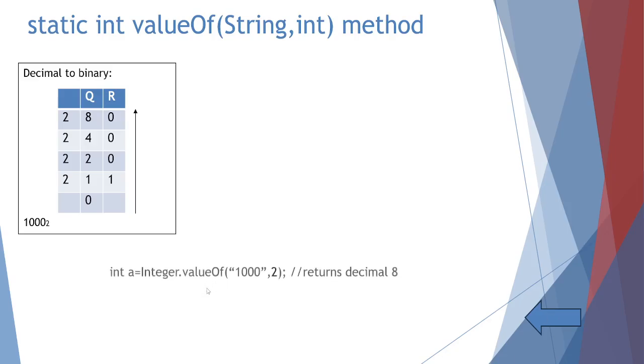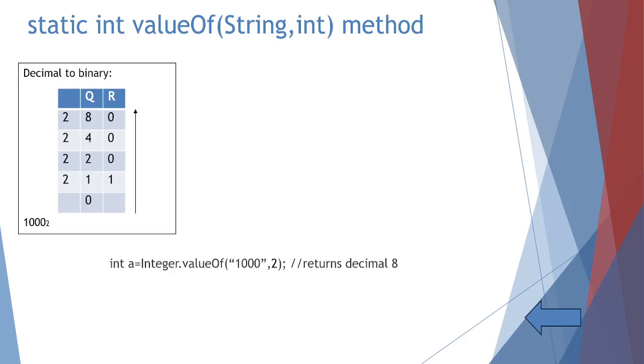So in our valueOf method, if we pass 1000 as the first parameter, that is a string, which is not decimal. Why? Because we are passing 2 as the second parameter. That means the number passed as the first parameter is a binary number.